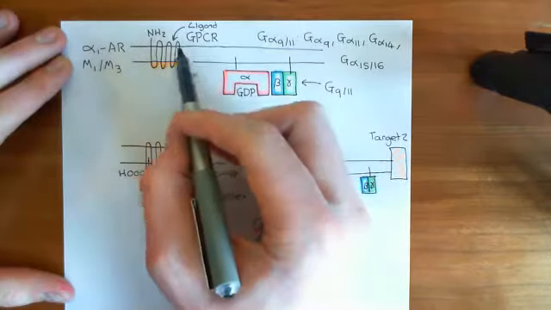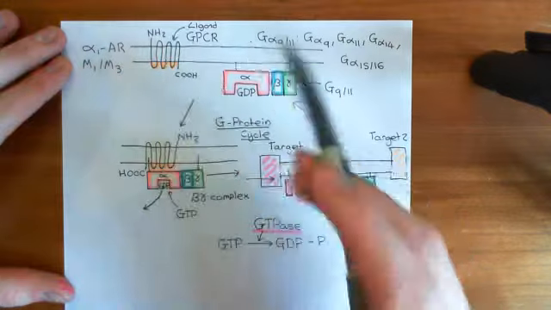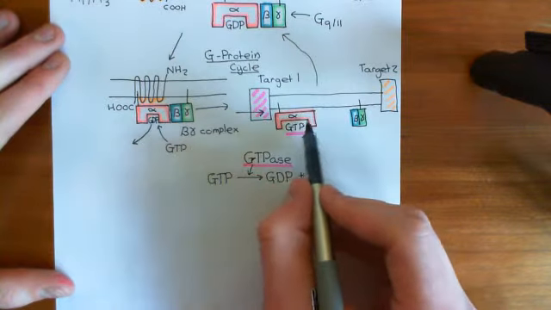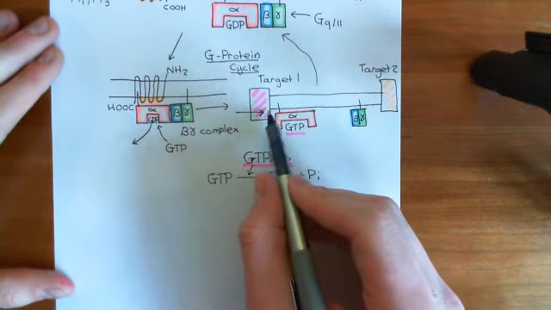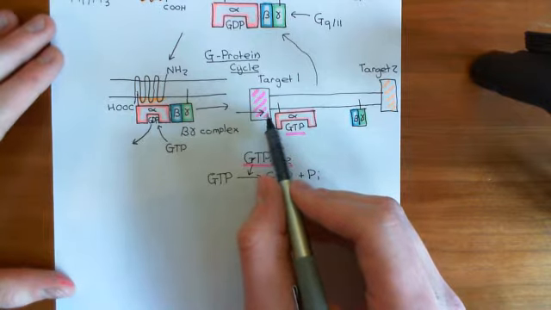So the G protein coupled receptor will activate the heterotrimeric G protein when its ligand binds to it. Then what will happen is the alpha subunit with GTP bound is going to go and stimulate targets, and the target that we are now interested in is going to be a phospholipase C enzyme of the beta form.